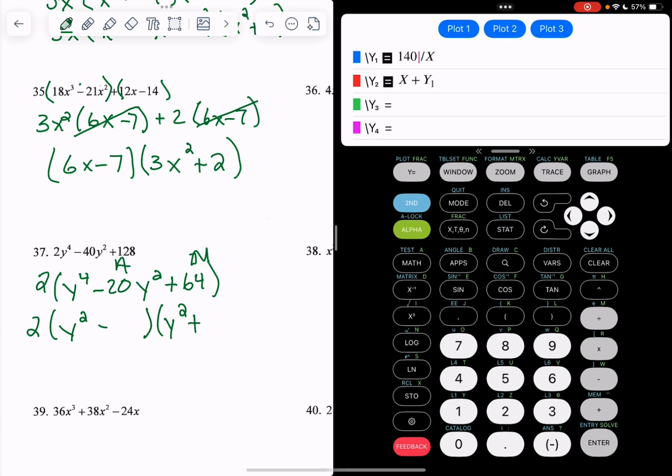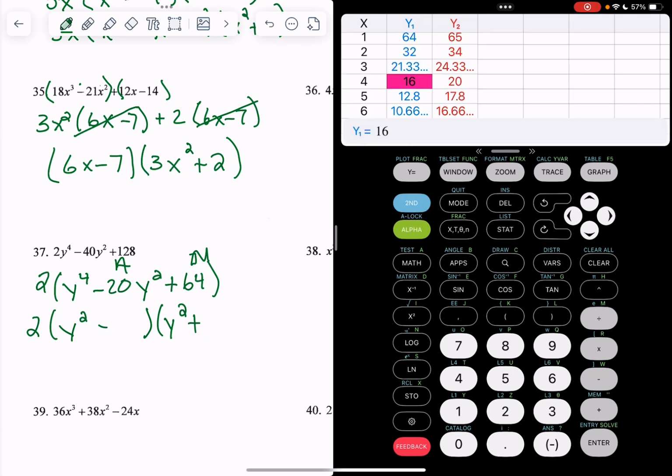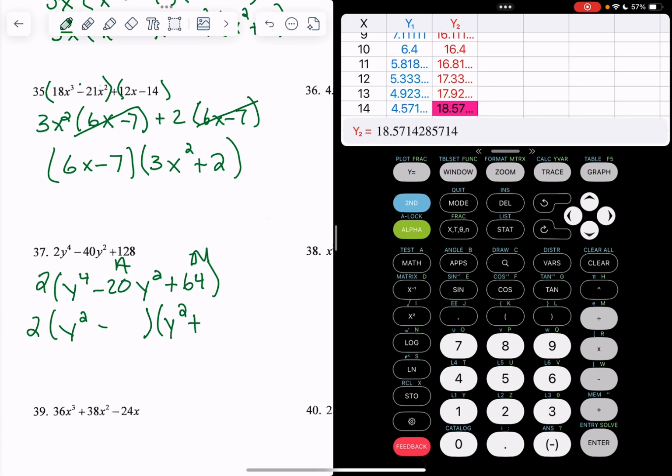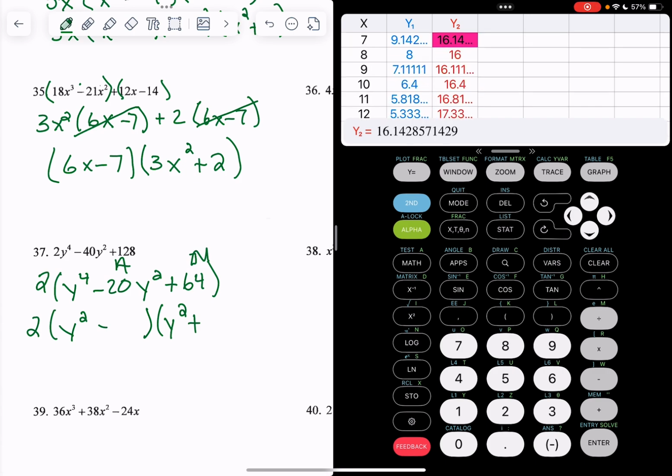I'm going to put 64 here, and then I'm going to go to my table. And in the last column, I'm going to look for negative 20. The numbers are going down this way. Nope, they're going up. Go the other way. Negative 20 is right there.